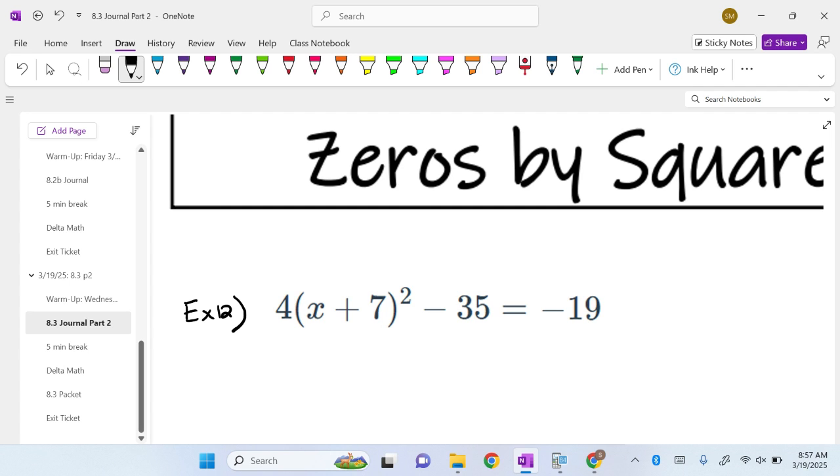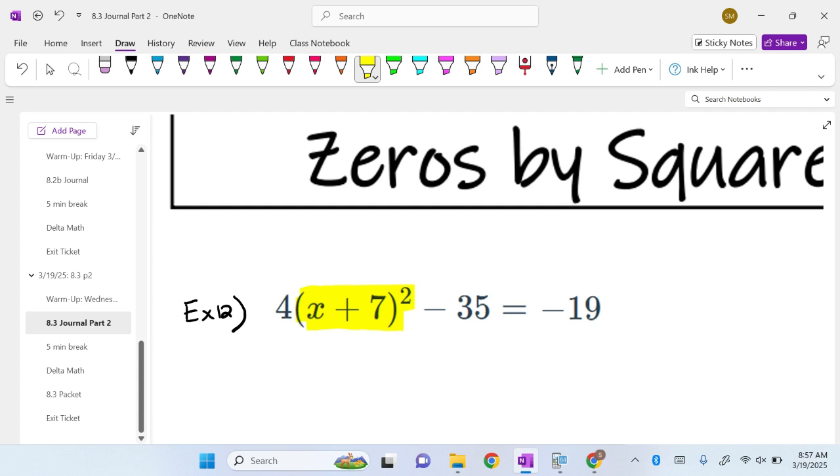So where's the squared anyway? What's it connected to? The parentheses. So that means that this is my squared value. This is what I want to get by itself before I take a square root. So this is one of the cases where your square root is actually not your last step.